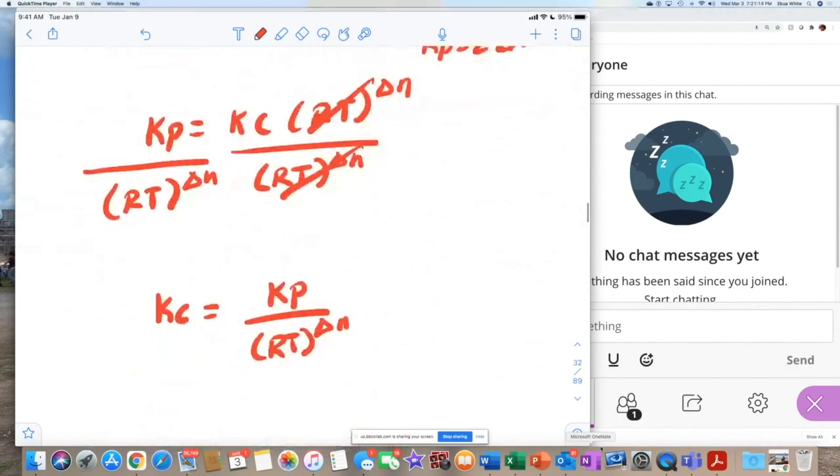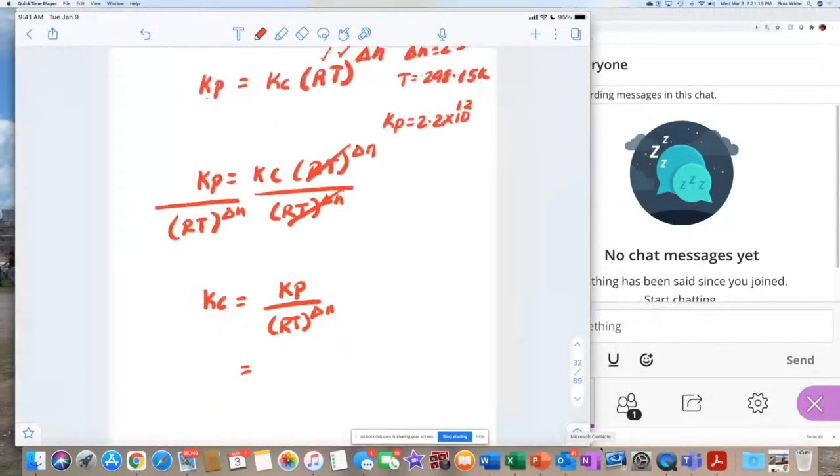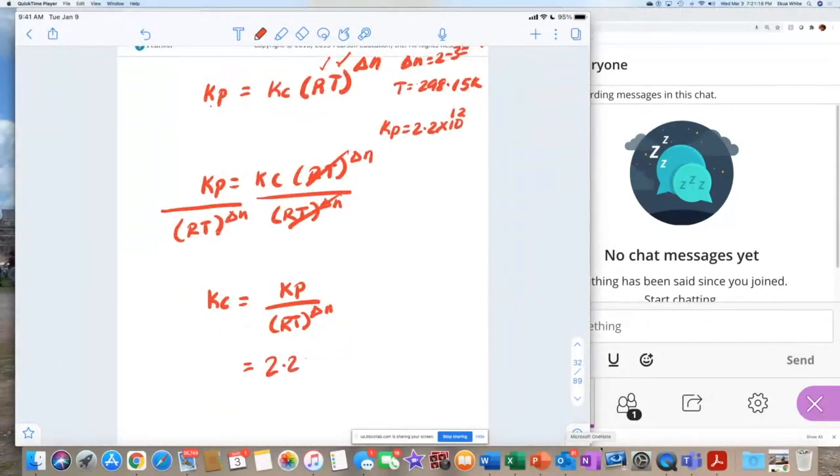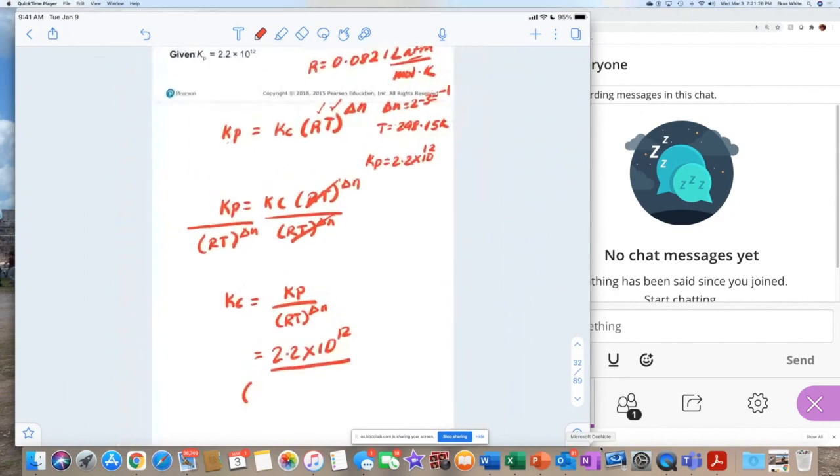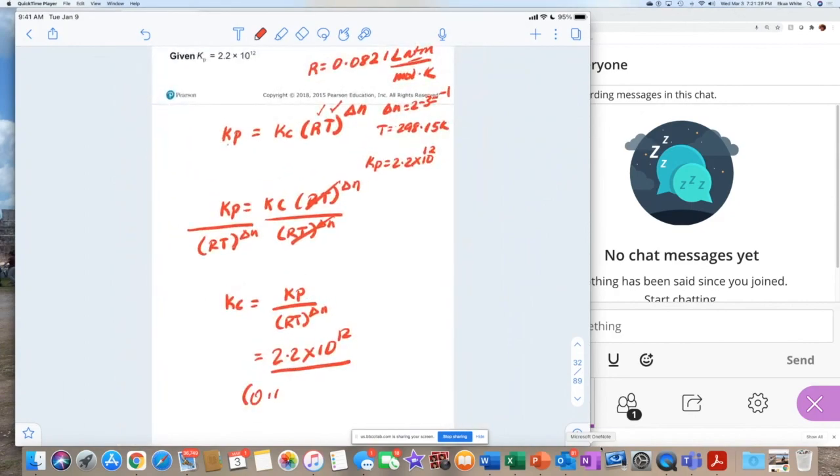So we are going to make it here. Now that I have all my numbers, I put here 2.2 times 10 to the power 12 divided by, what's my R? I have to zoom this out so I can see all my numbers. 0.0821 liters times atmospheres over mole times K, right? This number times, what's the temperature? 298.15 Kelvin.